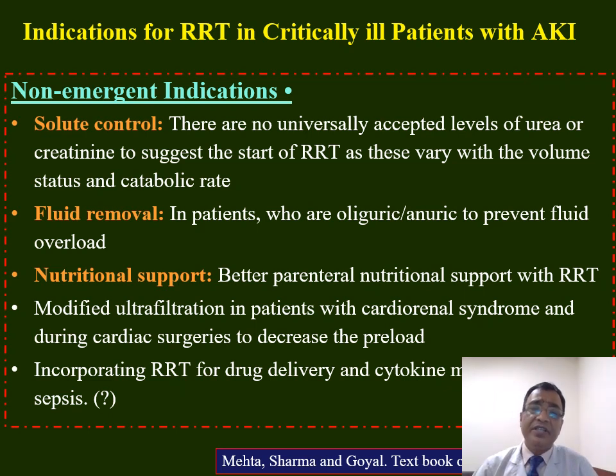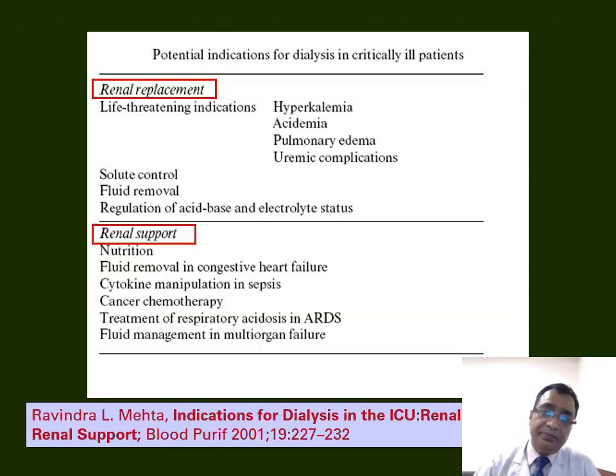Modified ultrafiltration in patients with cardiorenal syndrome and during cardiac surgery to decrease the preload can also require renal replacement therapy. And incorporating renal replacement therapy for drug delivery and cytokine manipulation in sepsis, though it is now questionable in the present scenario.